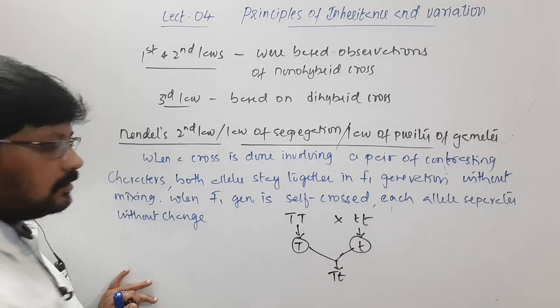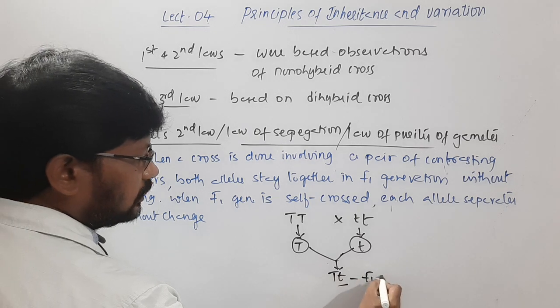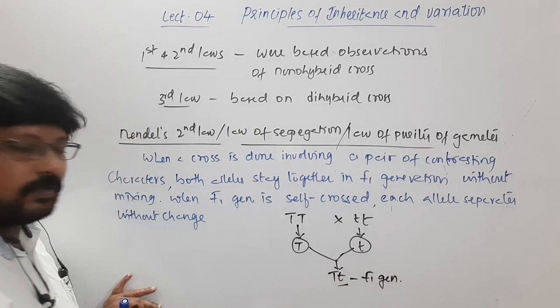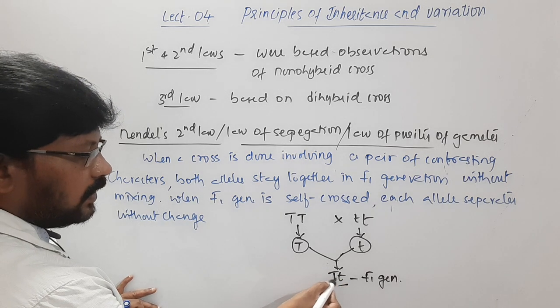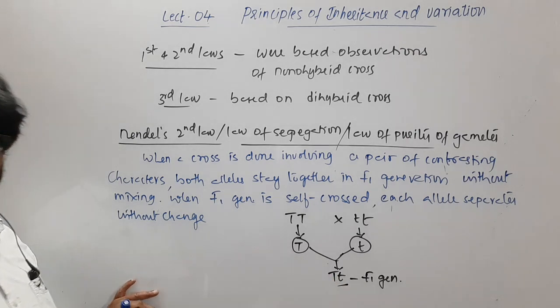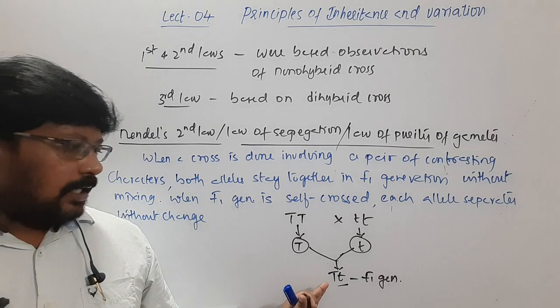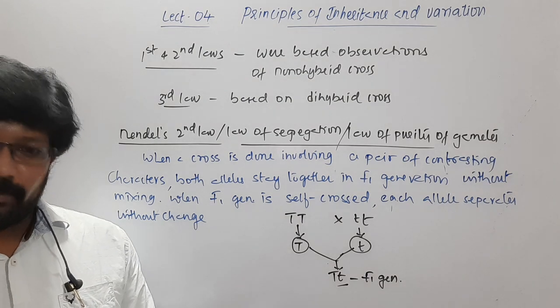Capital T, small t. When we look at this F1 generation, we can see that the two contrasting alleles are staying together, and they are not affecting each other's expression.